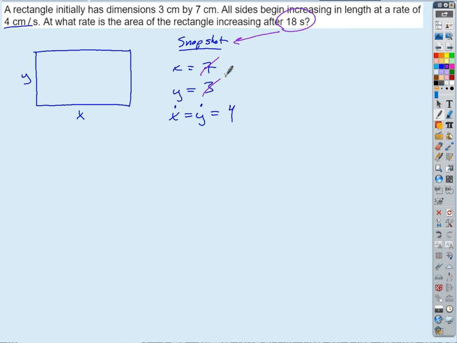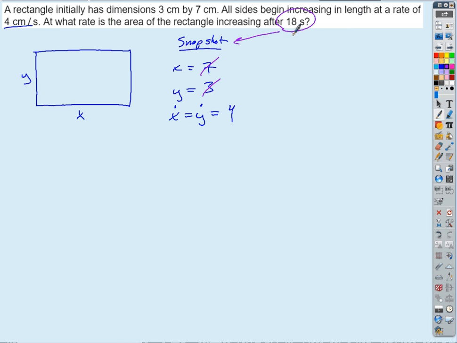So what is the value after 18 seconds? We could write an equation down if we wanted to, but we could probably just finesse our way through this. If both of these dimensions are increasing at a rate of 4 centimeters per second, after 18 seconds, how much have they both increased by? 4 times 18 should be 72, right?